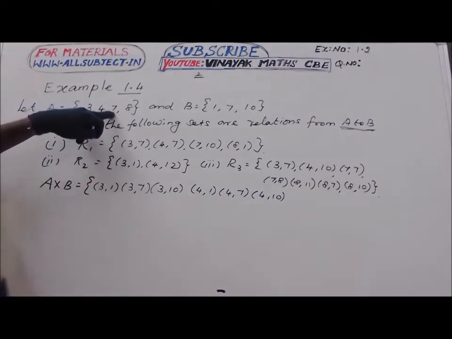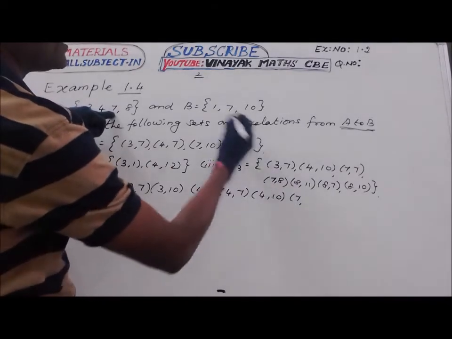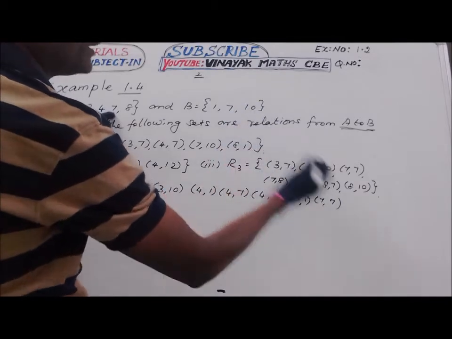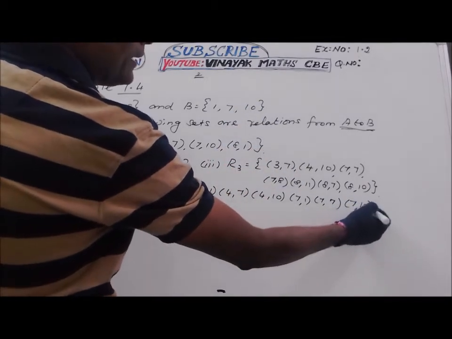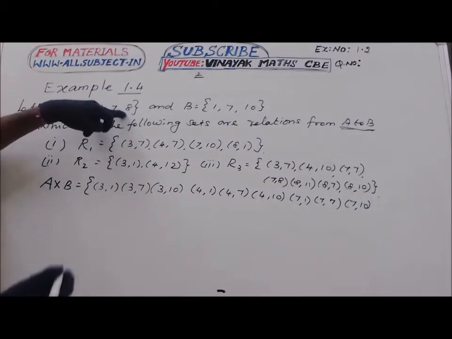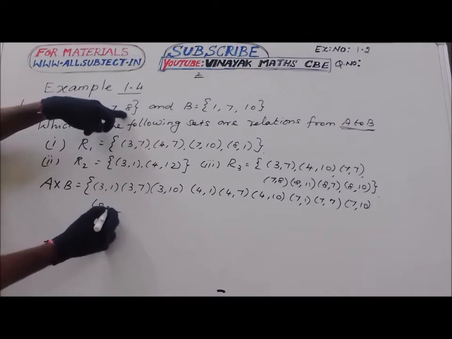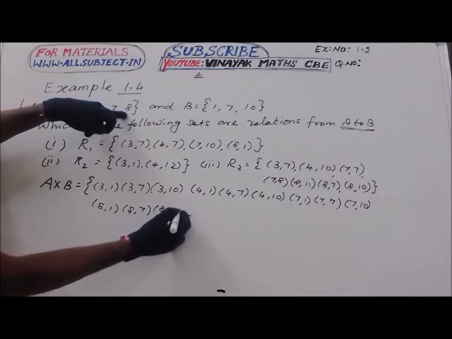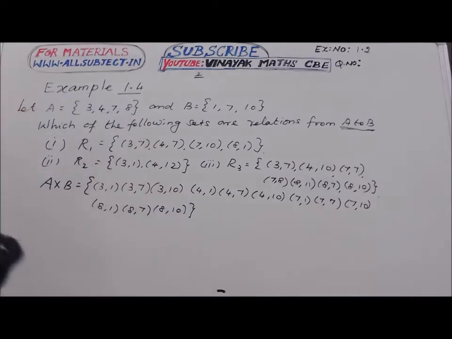Taking 7 as the first element, (7, 1), (7, 7) and (7, 10). And at last by taking 8 as the first element, (8, 1), (8, 7), (8, 10). This is the Cartesian product A cross B.